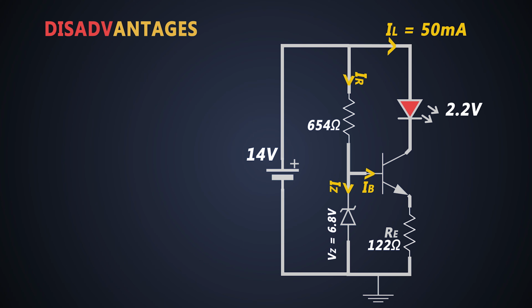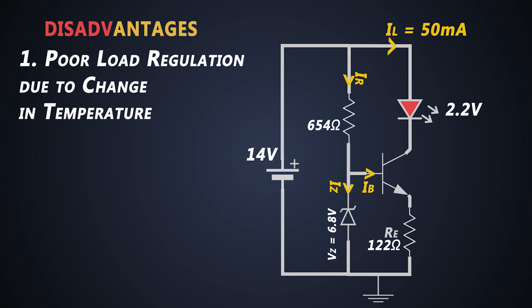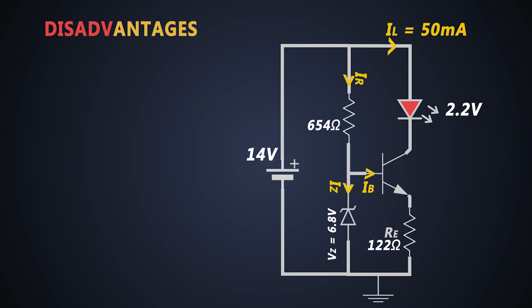But there are some disadvantages of this circuit. If the temperature of the circuit changes, then there is slight change in the output current as well, because the Zener voltage changes due to temperature variation. One more disadvantage which you can see is that the voltage drop across this resistor should be equal to the voltage drop across Zener diode.